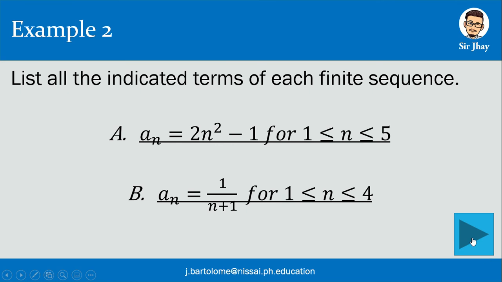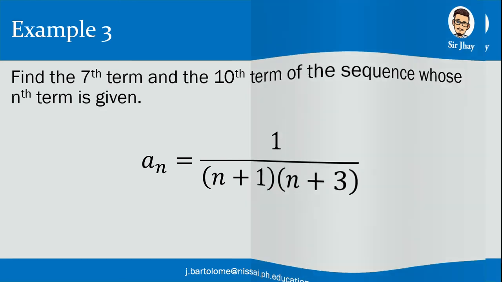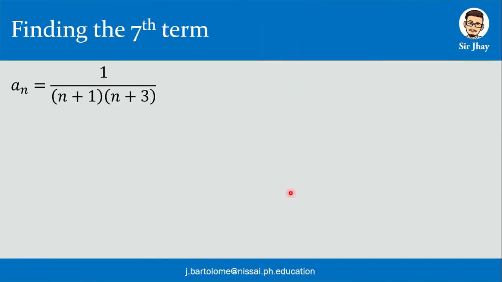Now, let's have the third set of examples. Let us find the 7th term and the 10th term of the sequence whose nth term is given by the equation a sub n equals 1 over the quantity n plus 1 multiplied by the quantity n plus 3. Let's have first the 7th term.